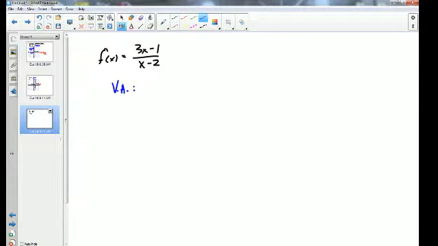Anybody? Two's the right number in the statement, but you're missing something. X equals 2. How do we know that so fast? Makes the denominator 0. Okay.